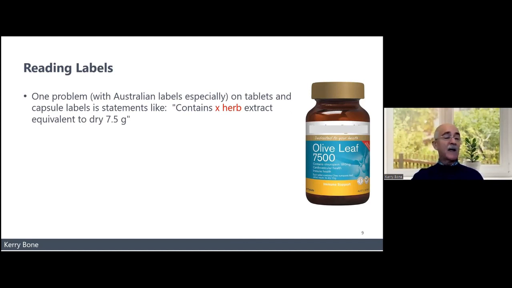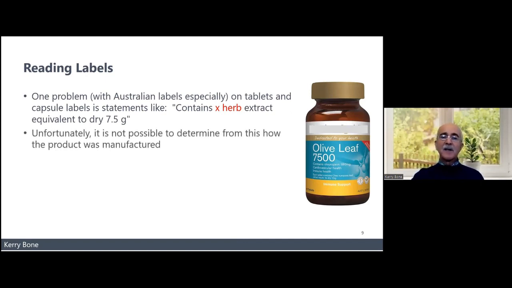So you immediately have your dried herb equivalent as 7.5 grams per capsule. So that's great. However, it's not possible to determine from this how the product was actually made. There's a missing piece of information, and that is the extract ratio. Was it 750 milligrams of a 10:1 extract or 75 milligrams of a 100:1 extract?